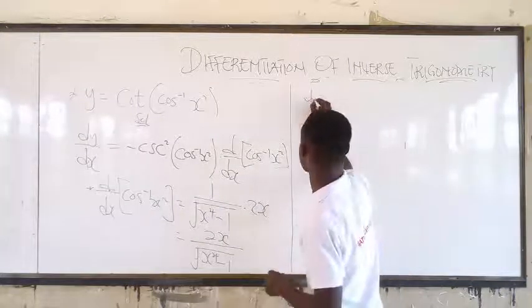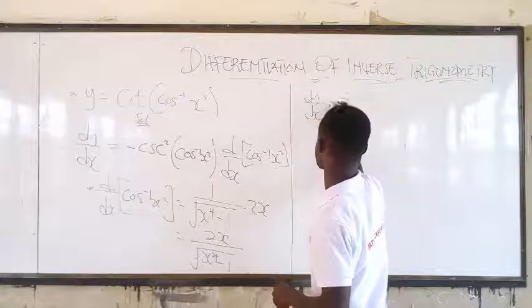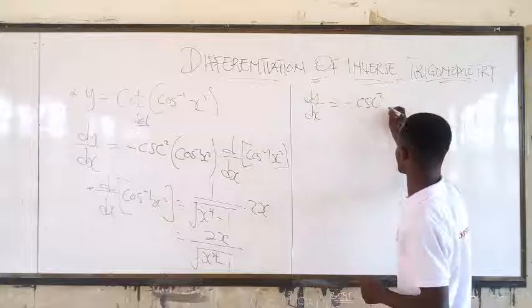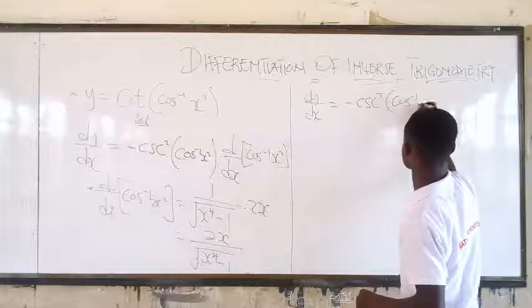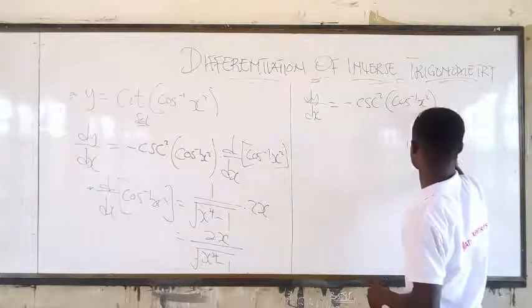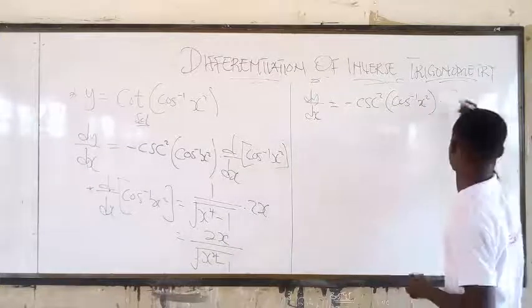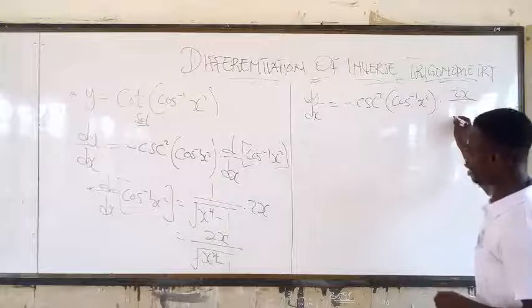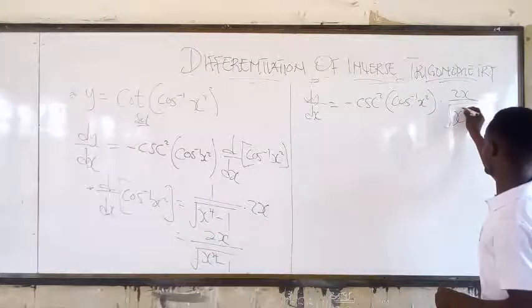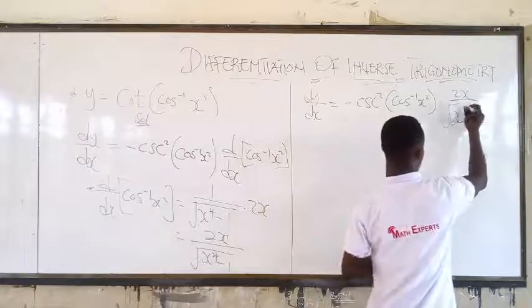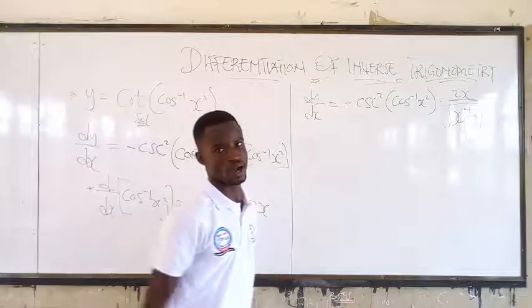So therefore dy/ds is going to be equal to negative cosec square of cos inverse of s squared, times the derivative of this, and that is 2s over square root of s to the power 4 minus 1.